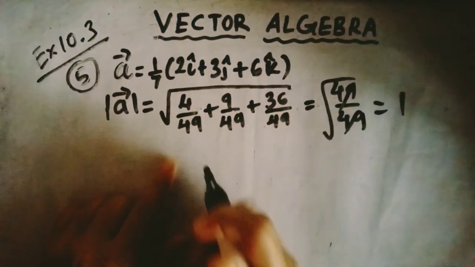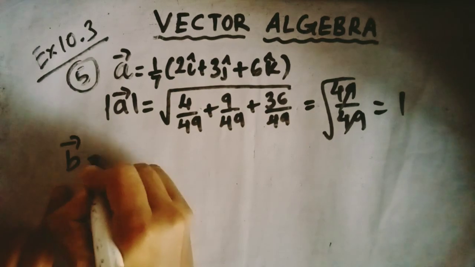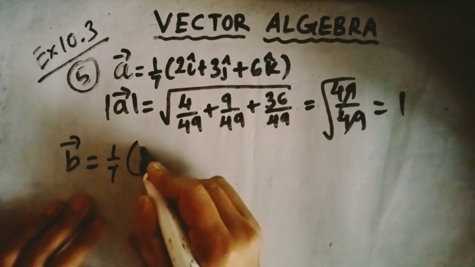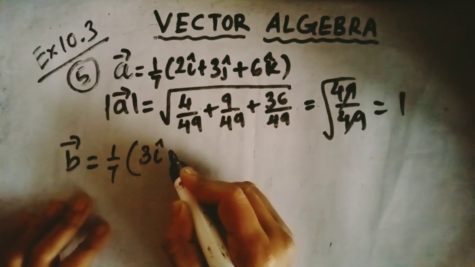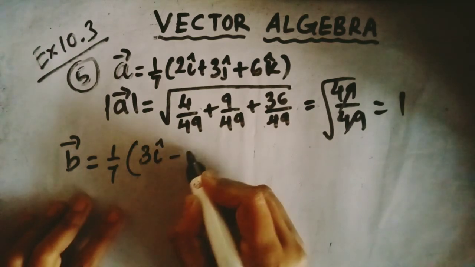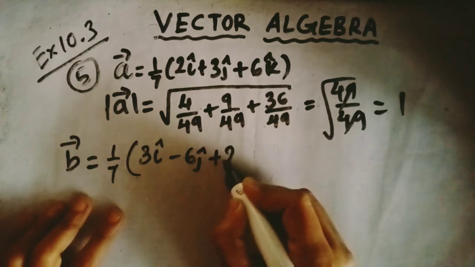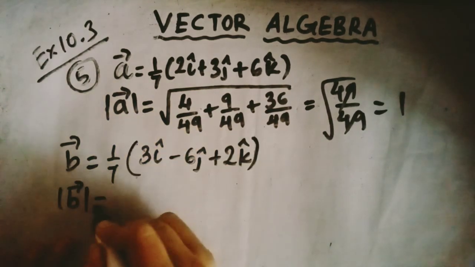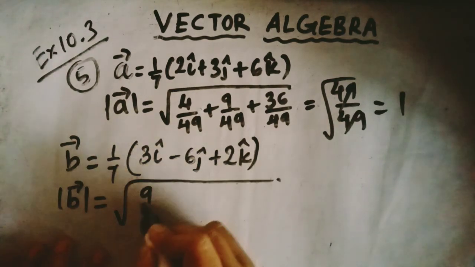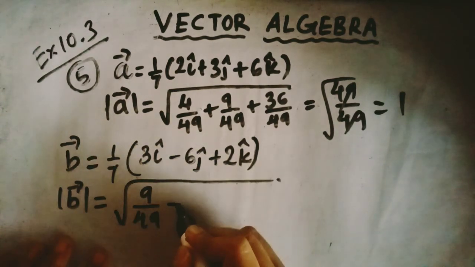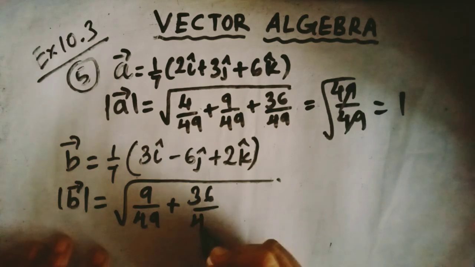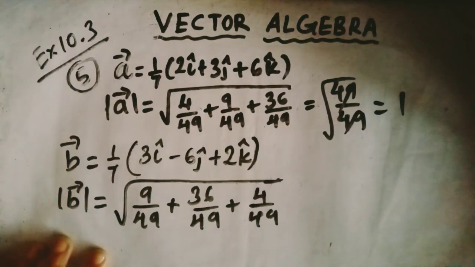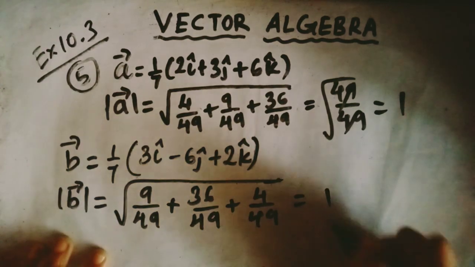Okay, then take B vector. So its magnitude, 9 upon 49, 36 upon 49 plus 4 upon 49. So this is also same as the A vector, so you'll get 1.